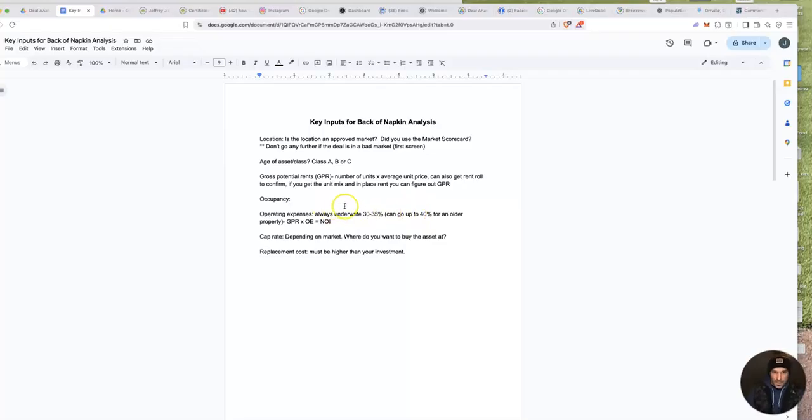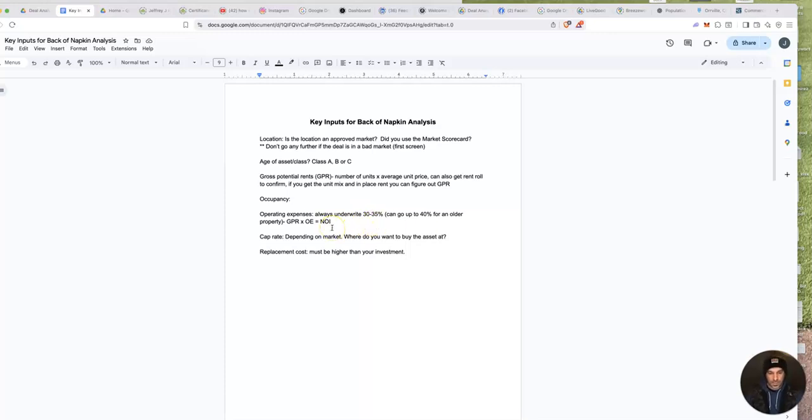So basically, you've got to know how much revenue the facility is generating, the occupancy, so where the occupancy rate is currently at, and operating expenses. You'll drill down to these further once you've signed a letter of intent or put it under contract. However, generally speaking, I'm using a range from 30 to 40%.